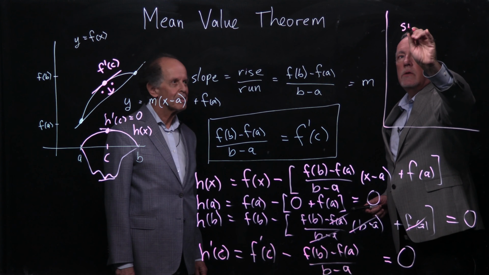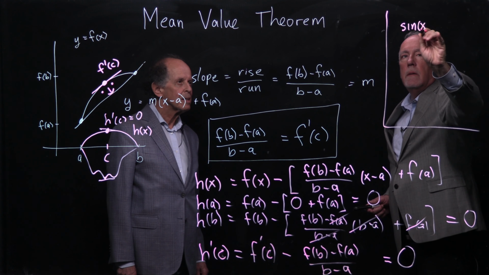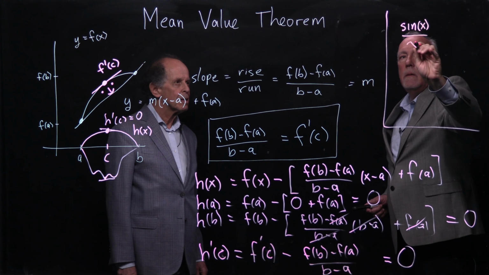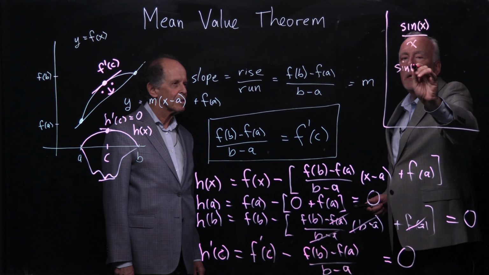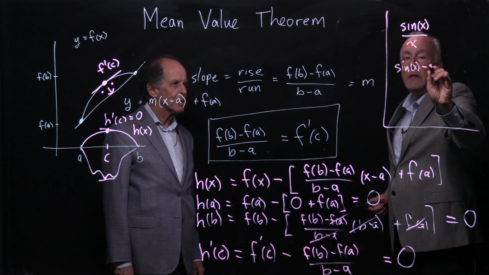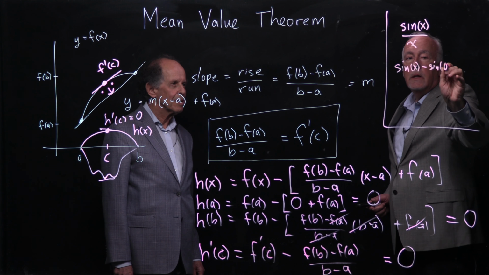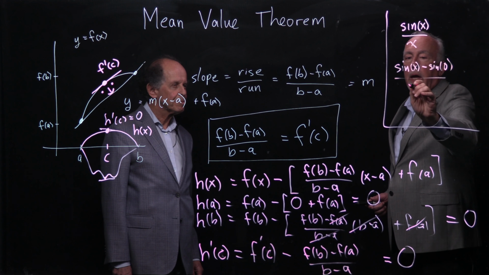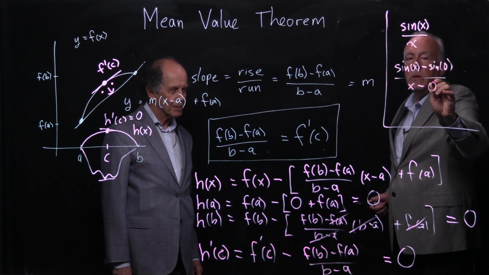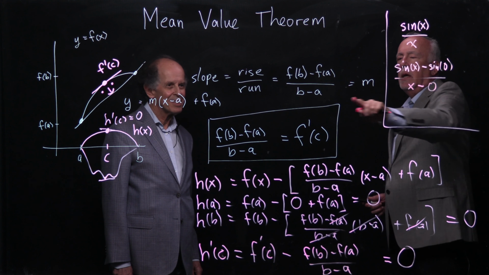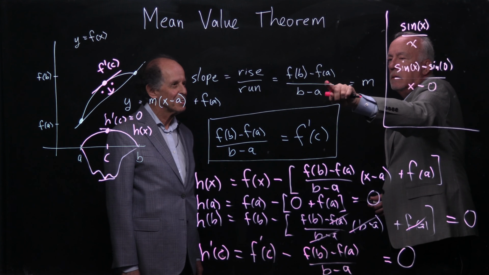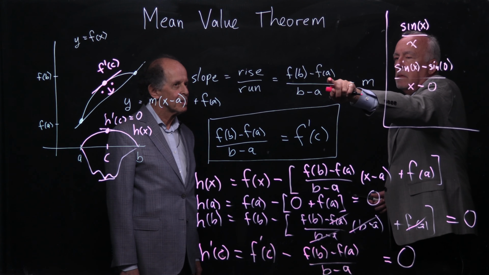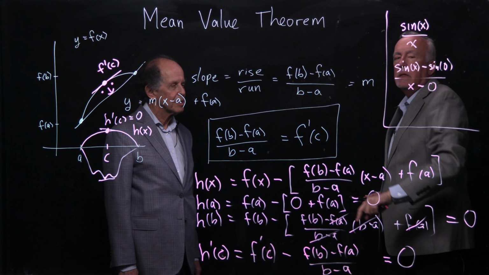If I put sine x over x, now that's the same thing as sine x minus sine 0, because sine of 0 is 0, over x minus 0. And you look at that picture and say, hey, that looks a whole lot like this picture. f is sine, A is 0, B is x.